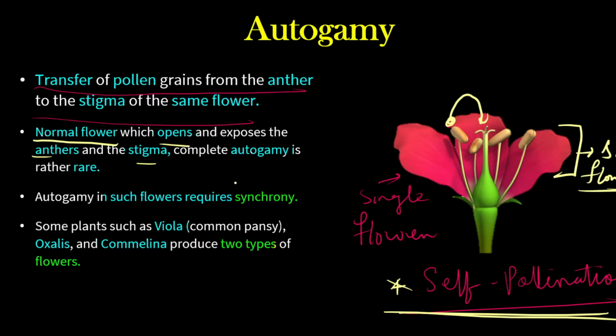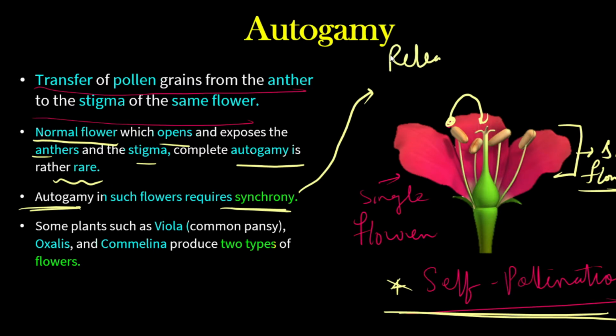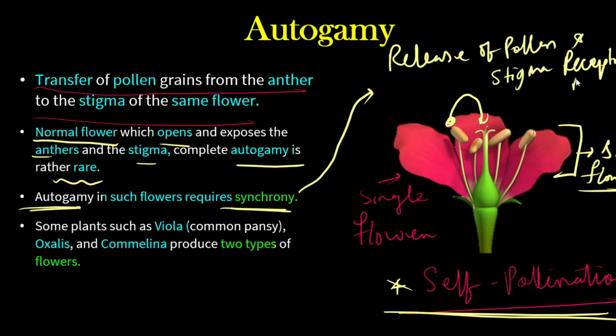In that particular case, we can say that autogamy is very rare. Why is it rare? Because autogamy requires synchrony. What is the meaning of the word synchrony? Synchrony is nothing but the release of pollen and stigma receptivity occurring at the same time.